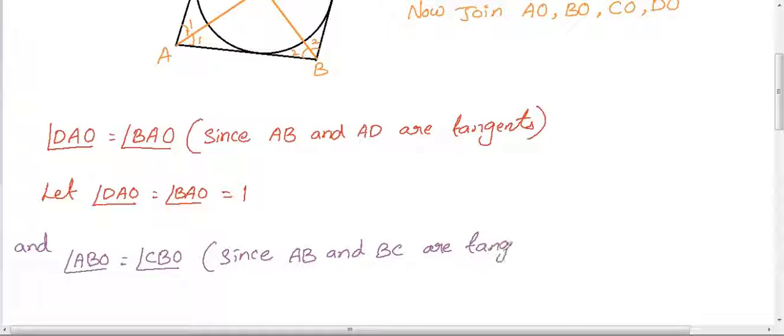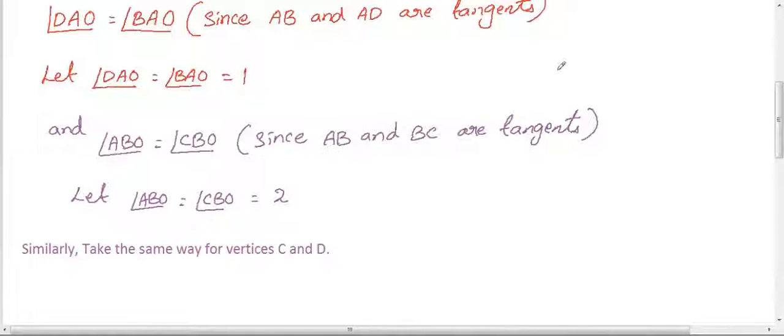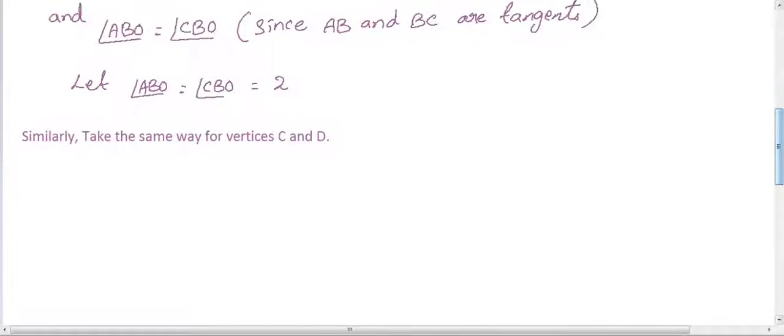So in this, angle B is 2. So let angle ABO be equal to angle CBO, equal to 2. Similarly, take the same way for vertices C and D as well.